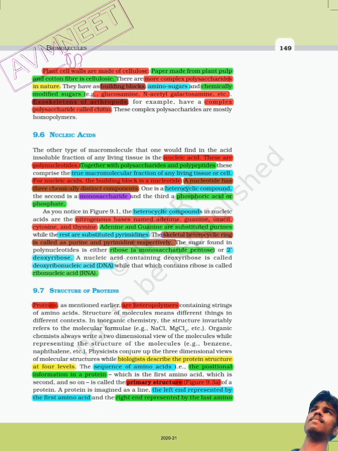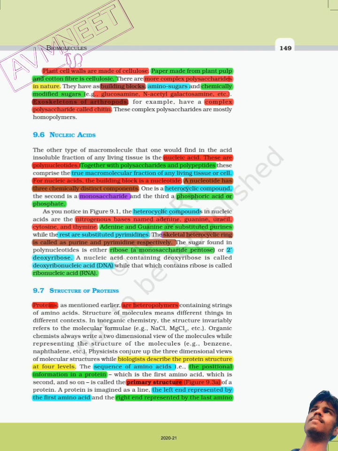For nucleic acids, the building block is a nucleotide. A nucleotide has three chemically distinct components. One is a heterocyclic compound, the second is a monosaccharide, and the third is phosphoric acid or phosphate.